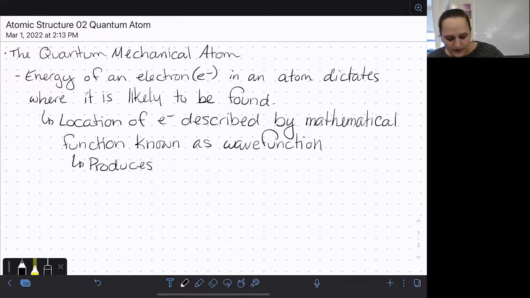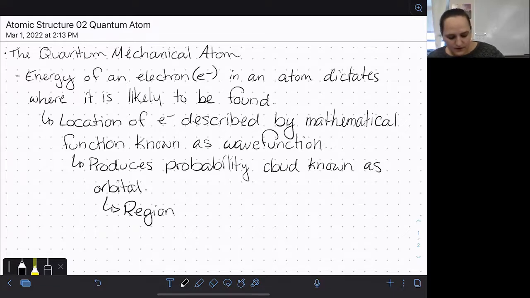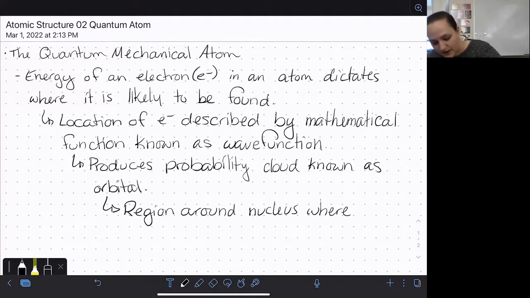It produces a probability cloud that we call an orbital. So the orbital is just the region around the nucleus where a particular electron is most likely to be found, or where an electron of a particular energy is most likely to be found.